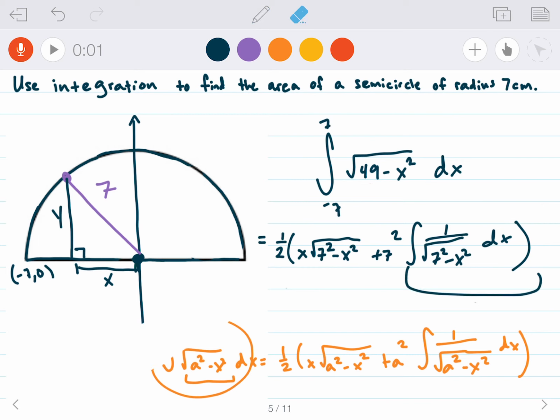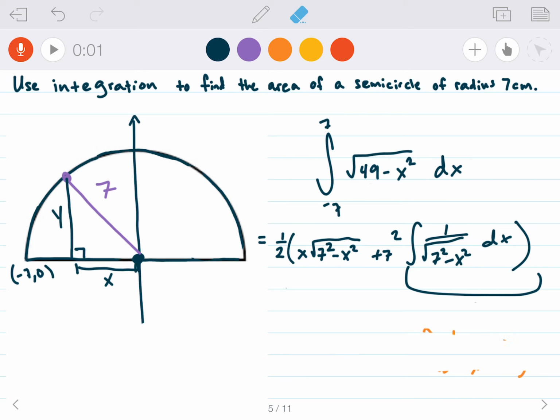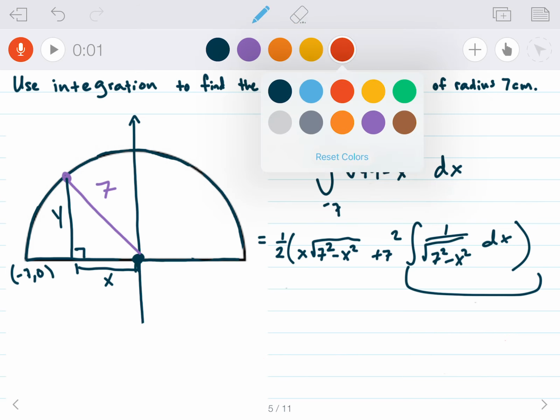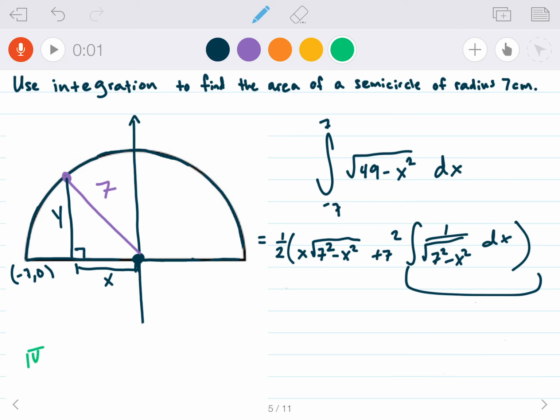So let's write that out down here. 4-28 tells us that the integral of 1 over the square root of a squared minus x squared dx is just equal to sine inverse of x over a plus c.